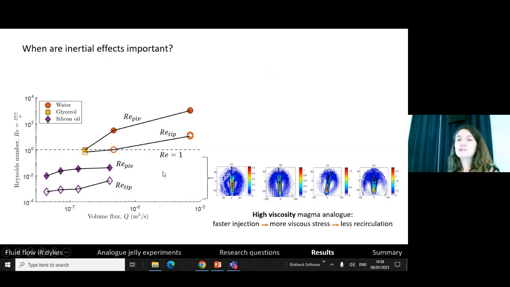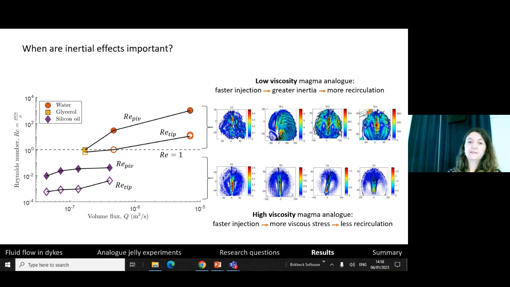The Reynolds number is always less than 1, which tells us viscous forces are always dominant. As we increase the flux, we increase the shear, and so the amount of shear resistance. We can see this in our flow patterns: as we increase the flux, although the dike is moving faster, the degree of recirculation actually reduces because there's more viscous resistance within the flow.